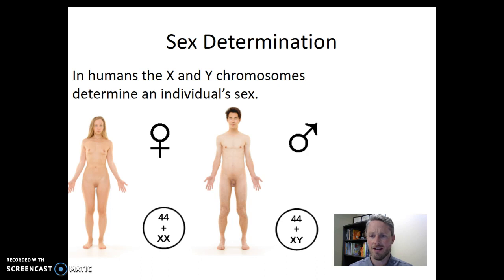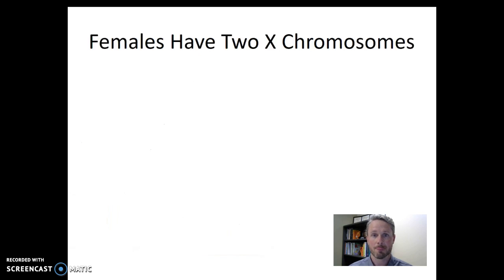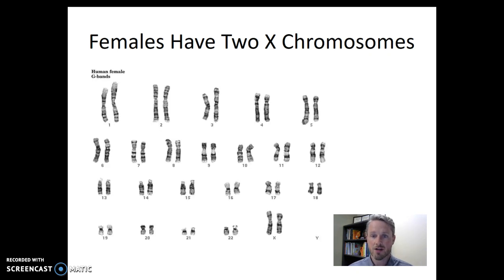So let's look at how we can observe evidence of this by looking at our chromosomes. Again, females have two X chromosomes. You can generate an image of all the chromosomes from someone's cells, and this image is called a karyotype. Here's a karyotype taken from a female donor.